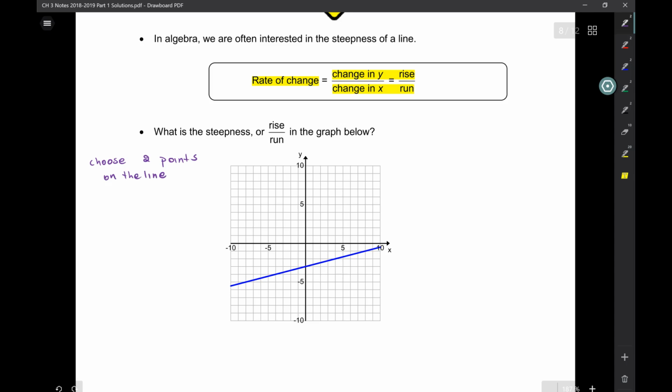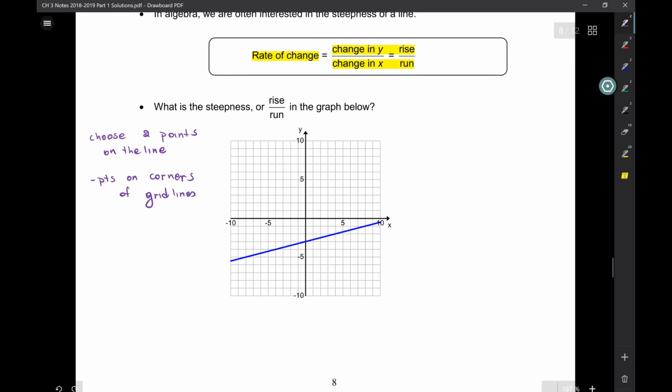But now, the wisest points to choose are ones that are at the corners of the grid lines, okay? So choose points on corners of grid lines.